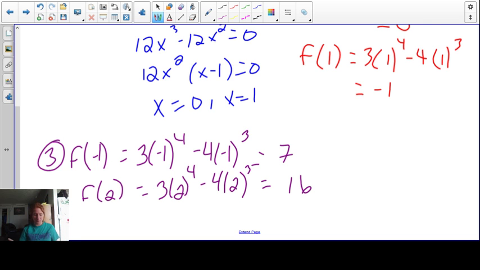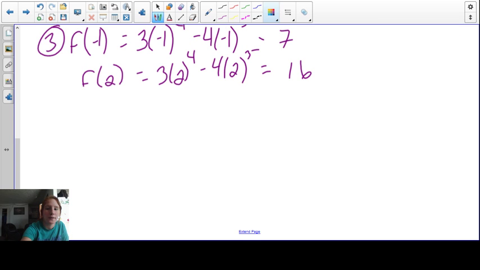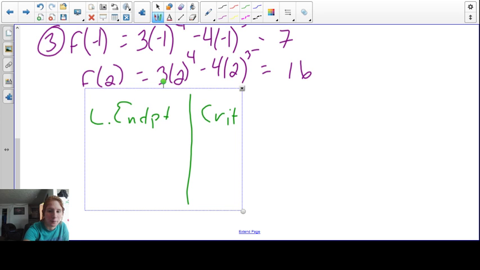And then what I'm going to do with all that information is put it in a nice little table so I can see what my final answer is. So I have a left endpoint. I have a critical number, and another critical number.